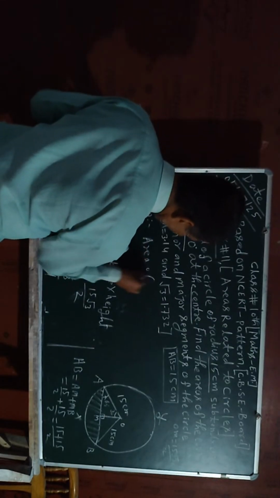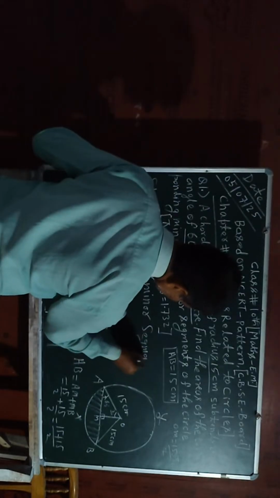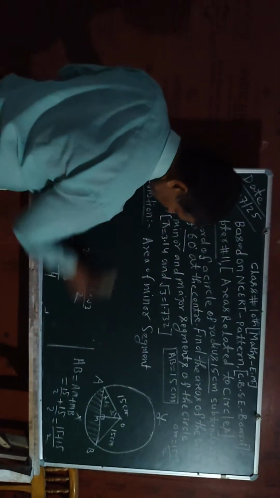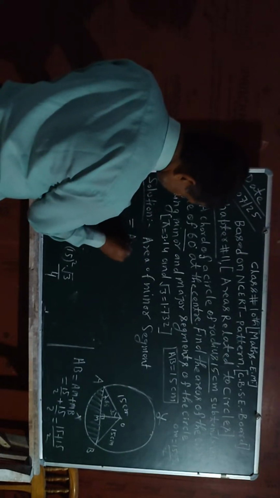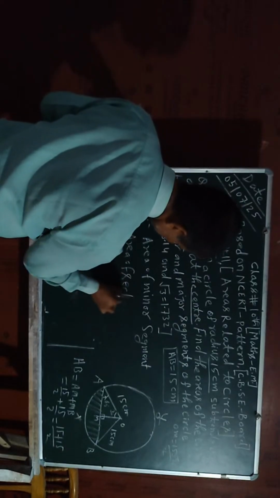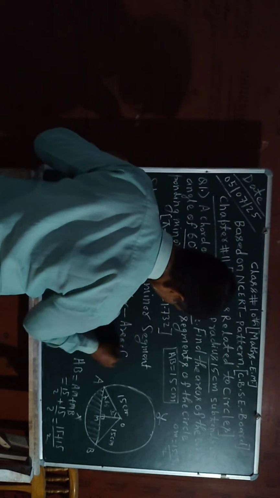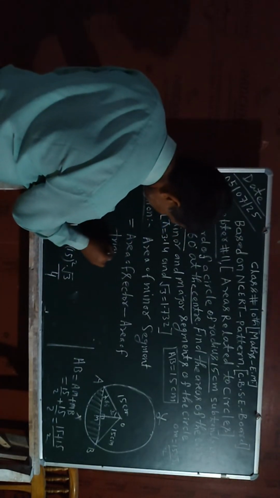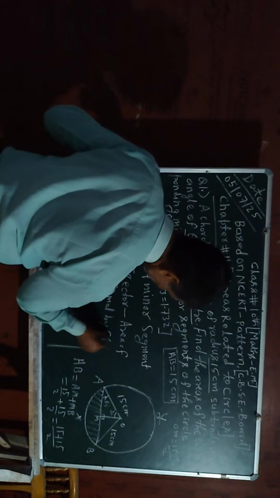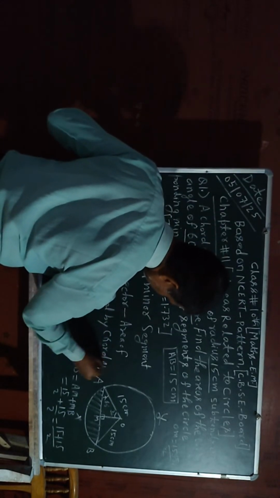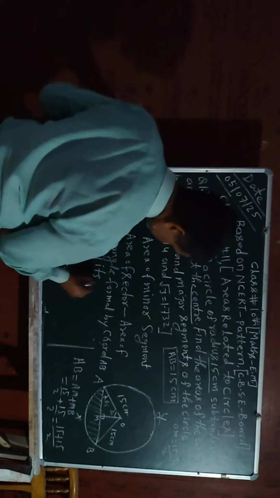Area of minor segment is equal to area of sector minus area of triangle formed by chord AB and its radii.